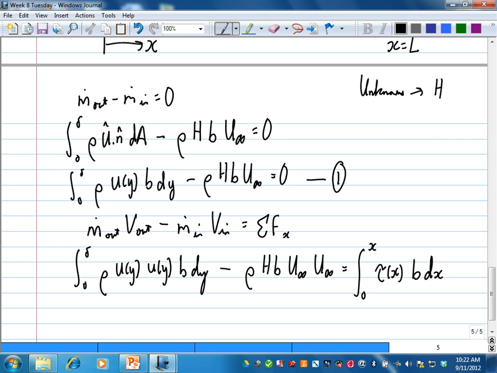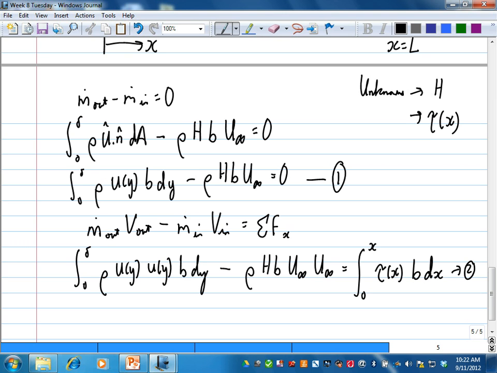As I said, I won't try to solve it. Equation number 2. So the second unknown here, this one, shear stress of x. Shear stress at a particular location. Because that's the area. B times dx is the area. B is the depth into the page.